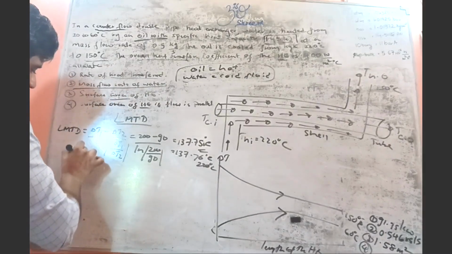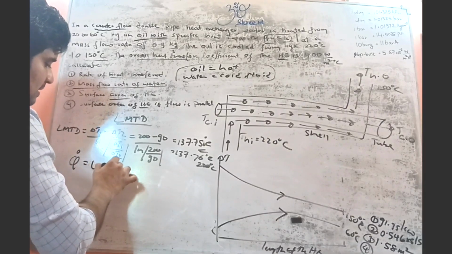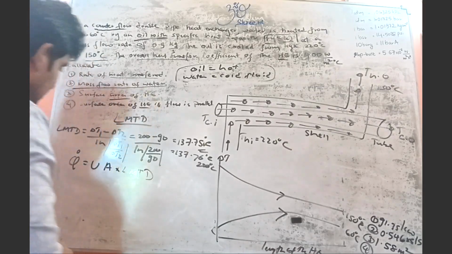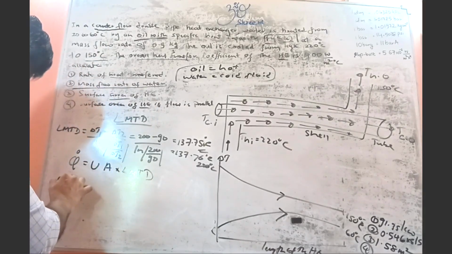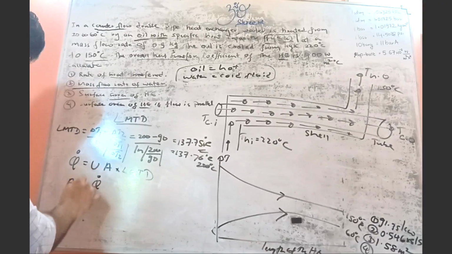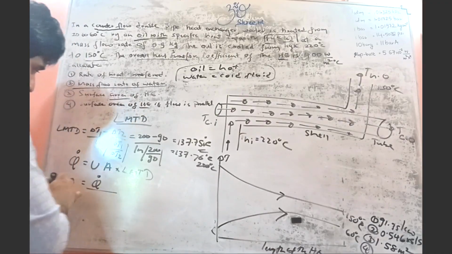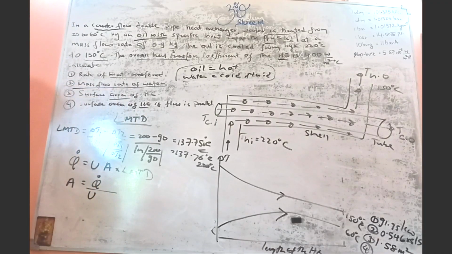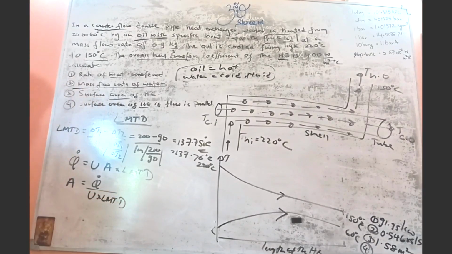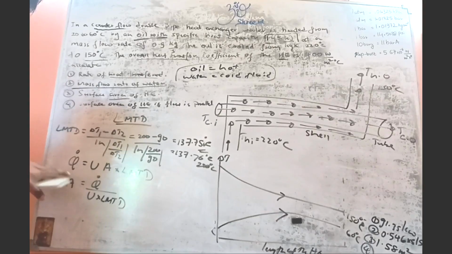We know the heat transfer rate for the heat exchanger equals the overall heat transfer coefficient times area times LMTD. So what is area? Area equals Q dot divided by overall heat transfer coefficient times LMTD.